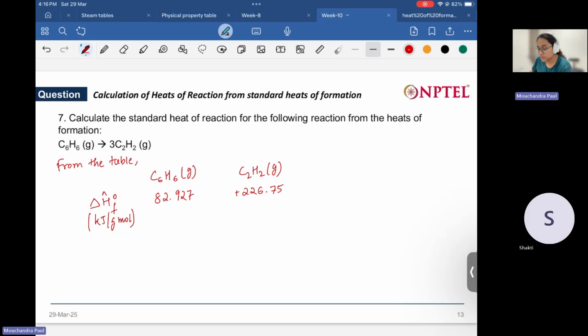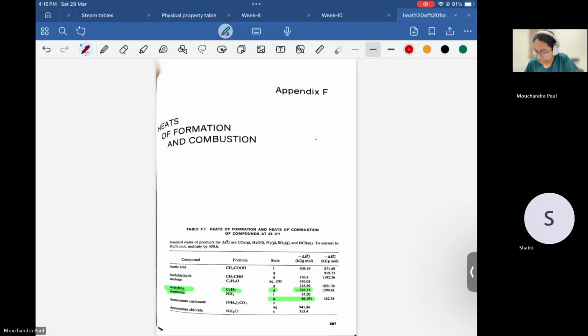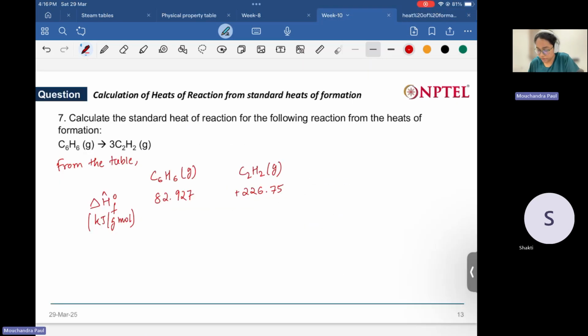So, like the previous problem, here we have already taken data from the heat of formation and heat of combustion table, which I have written here. So it's quite easy to now calculate the standard heat of this reaction.